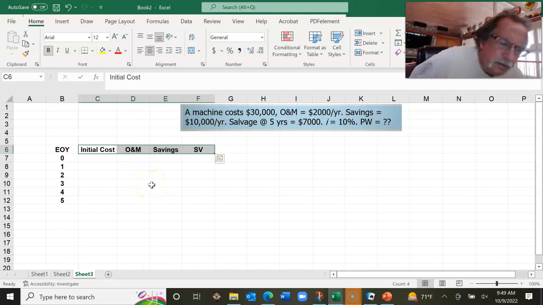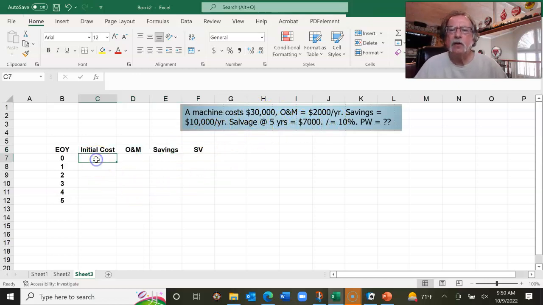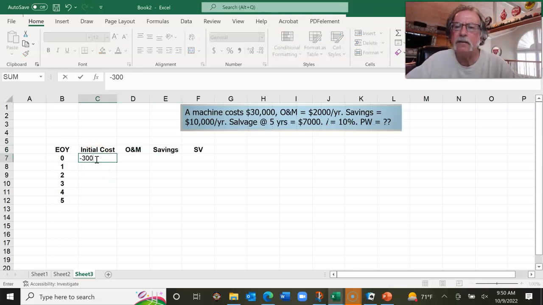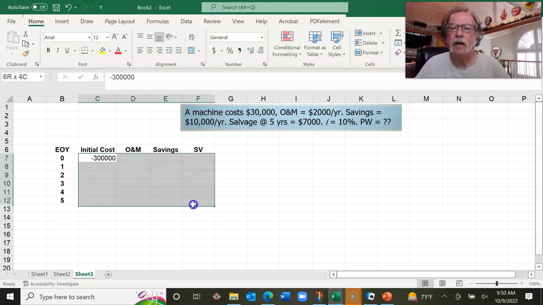Okay, and you can do this whichever way you're most comfortable with. But for now, let's look at the signs. The spendings are negative and the savings are positive. So we're going to spend $30,000. That's why I put commas in.